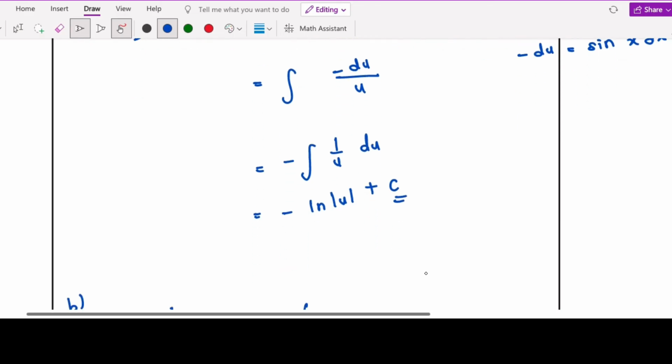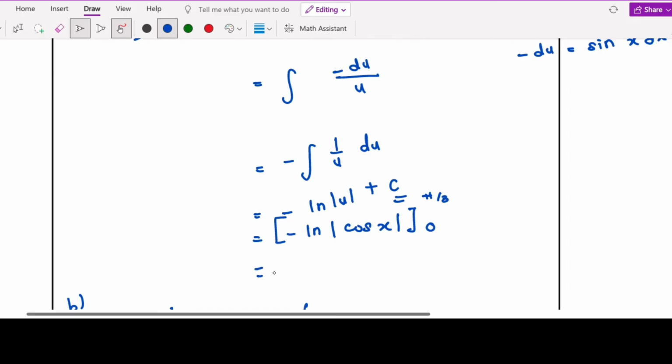After you substitute back to terms of x, u is actually equal to cos x, so you can simply remove the c. Then you have to write down the values of a and b. Your a is 0 and your b is pi over 3.